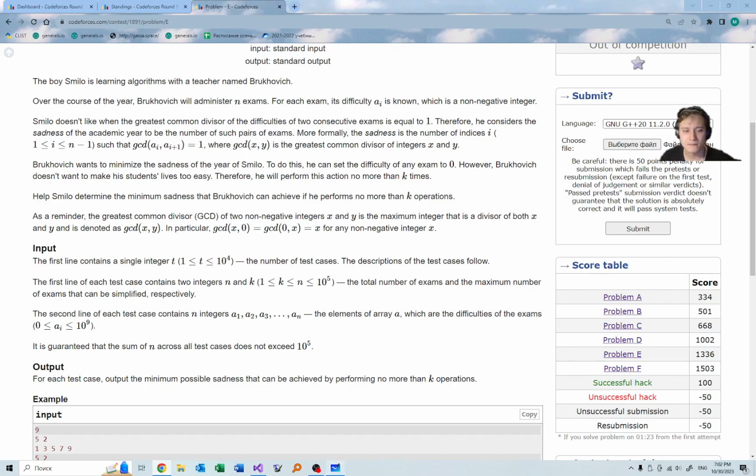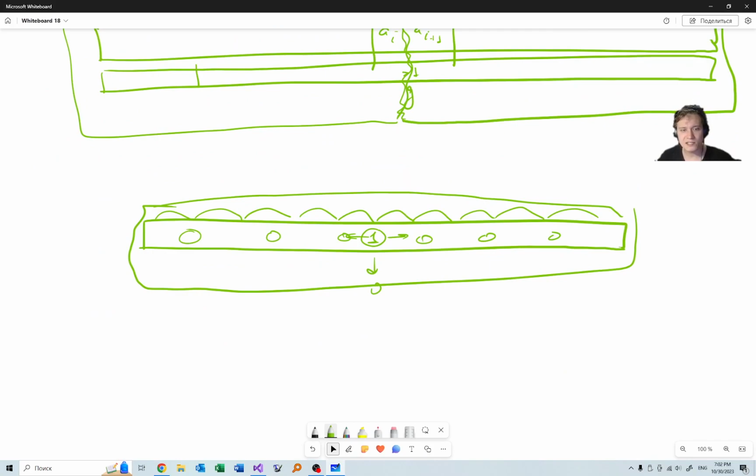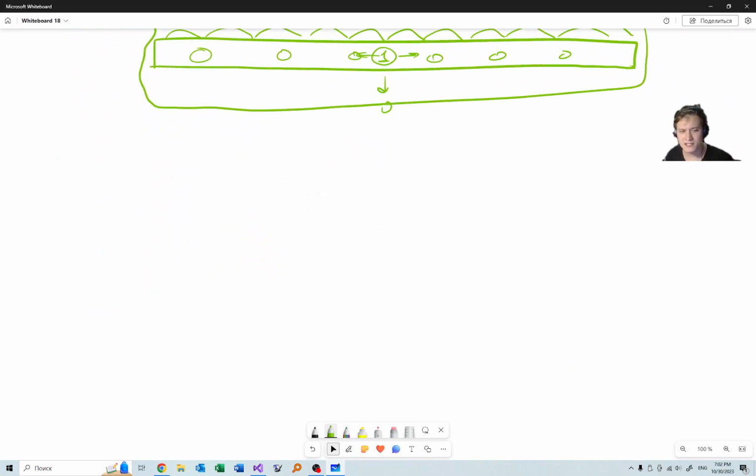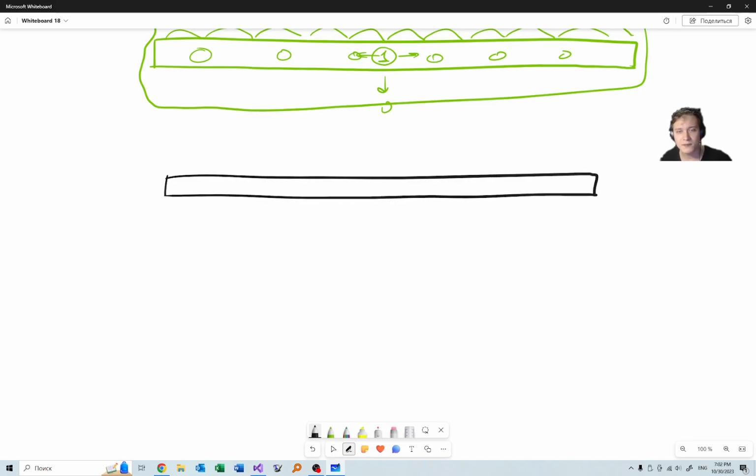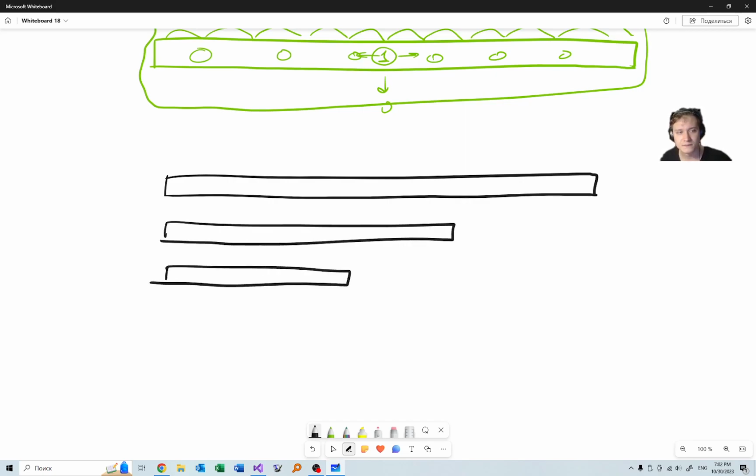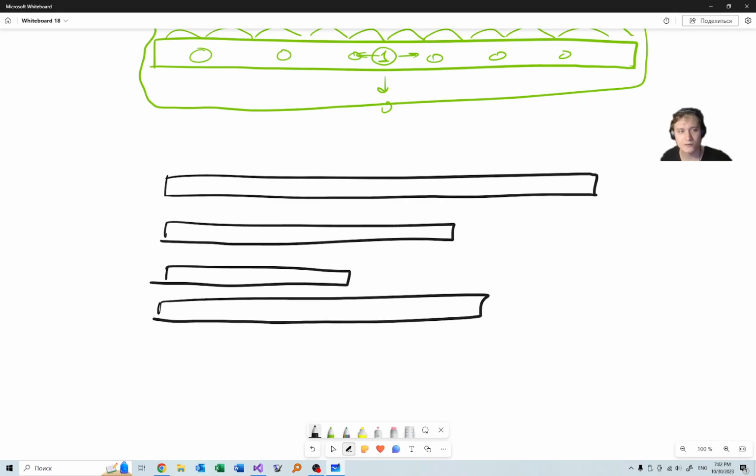Okay, but still, let's consider several. As I said, if we have two numbers which are already relatively prime, we can replace this problem with two problems. So now we have several segments, and in each segment, all pairs are sad.